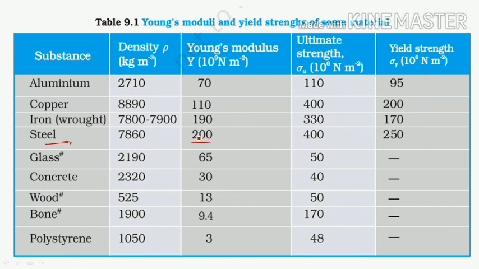The next is iron. And if you see the wood, the value is very less. That means from this table, if Y is less, the material is not stronger. If the Y value increases, the material is stronger.